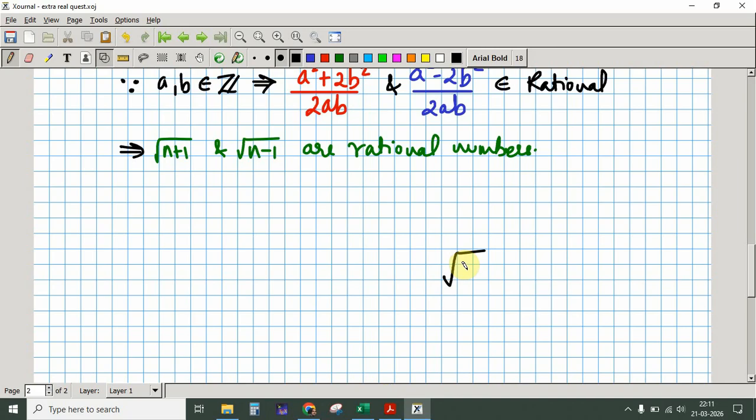So if I write any prime number, so 2 or 3 or 5 or 7, they are definitely irrational numbers.